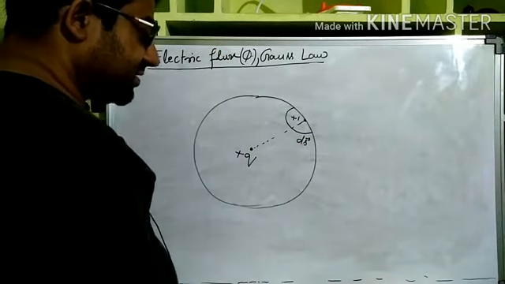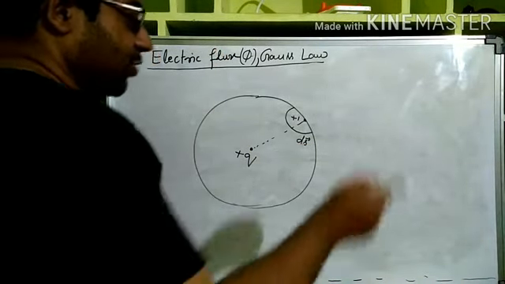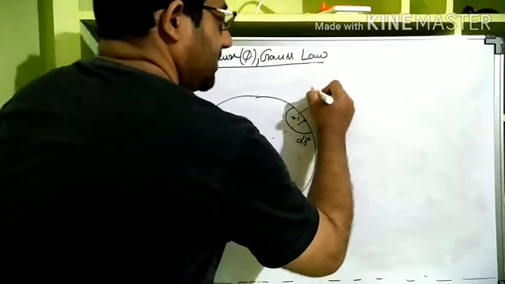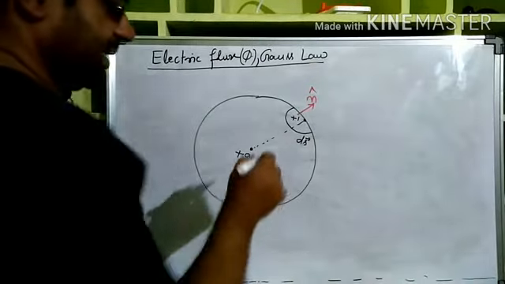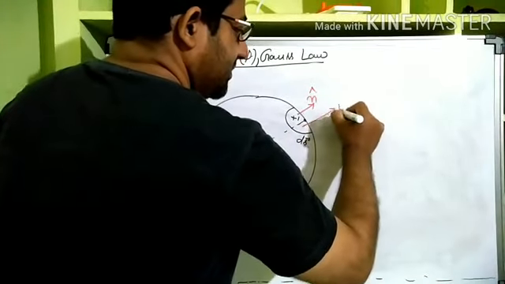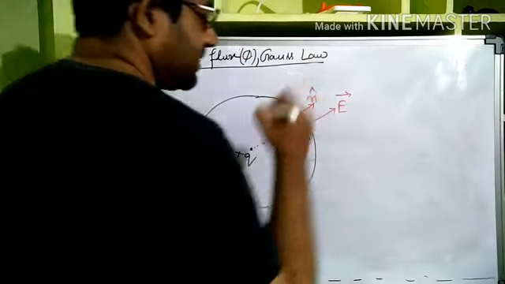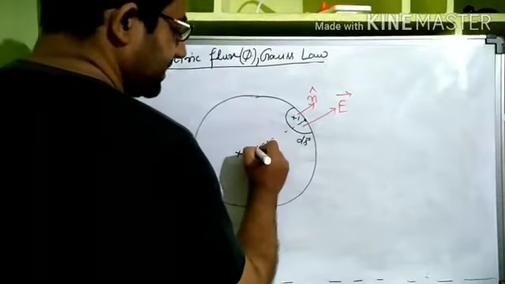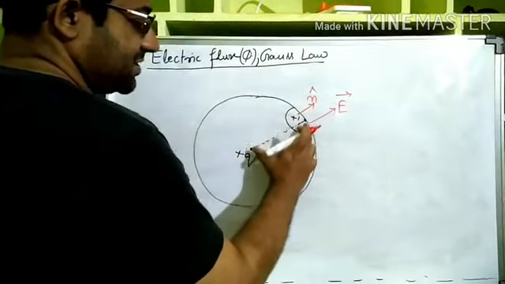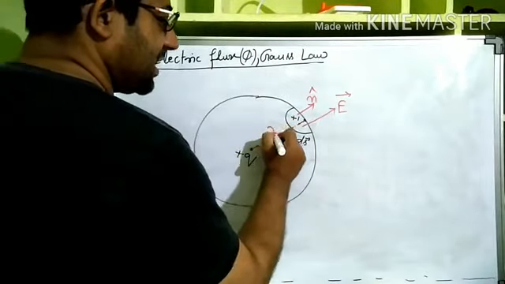What is the direction of the area? It is the outward normal, right? So let us say this is the direction of the area, and electric field, it is going out from the plus, it will go away, so electric field also in the same direction. And let us also say that the distance between this plus 1 charge and the q is r.